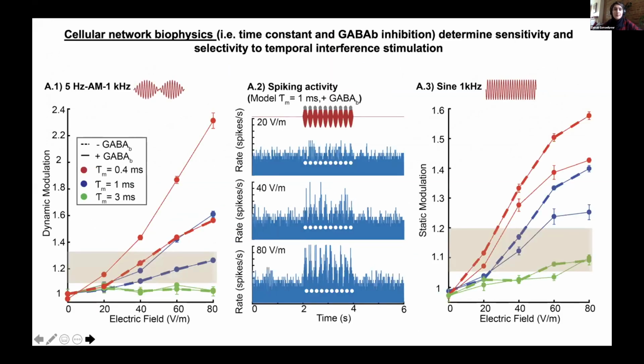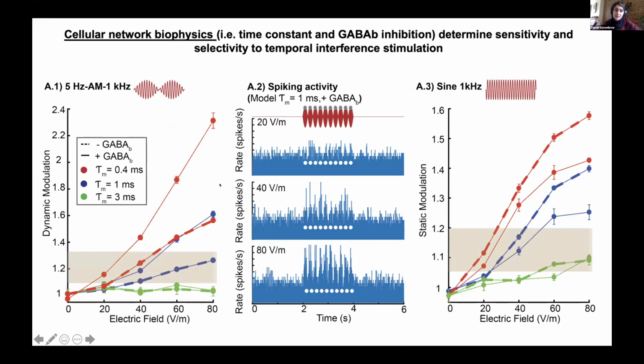And this is technically on the same topic that I talked about, just with a bit more detail to show the issue of selectivity: using amplitude modulation in any system, the current that we use and how selective the system is to amplitude modulation versus unmodulated ones depends on its homeostatic, or regulatory, mechanisms, and also on the time constant of the whole network.